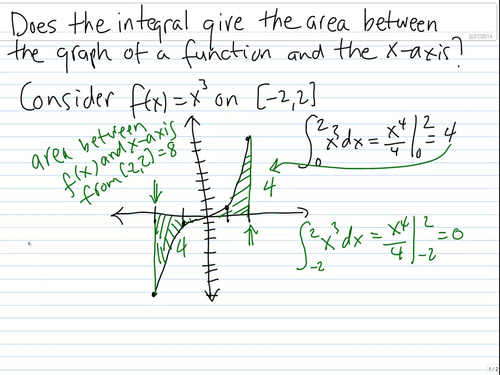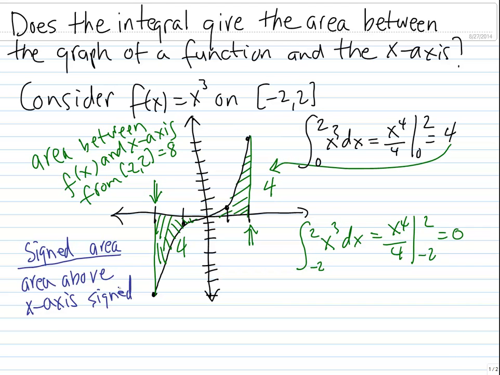So let's talk about signed area. Now with signed area, what we're going to say is that if the area is above the x-axis, then we're going to say that the signed area is positive.